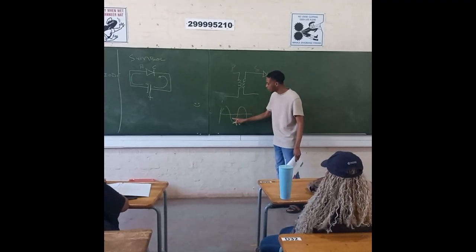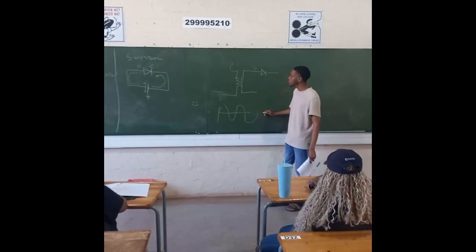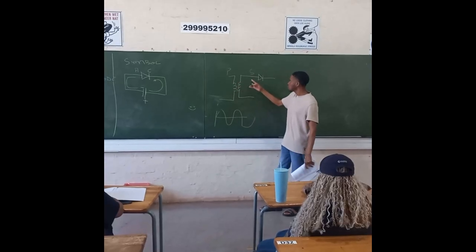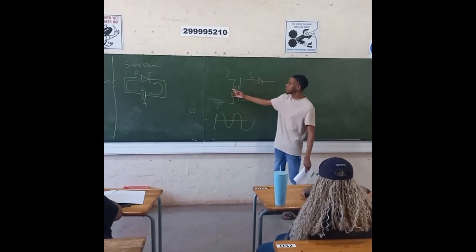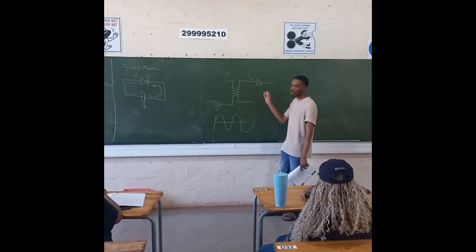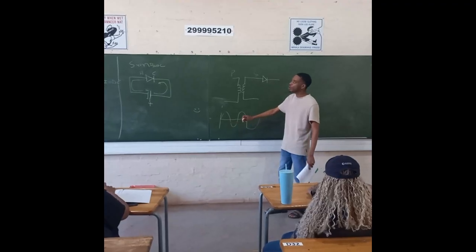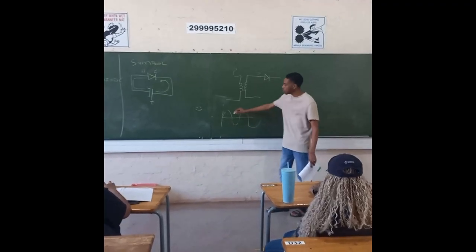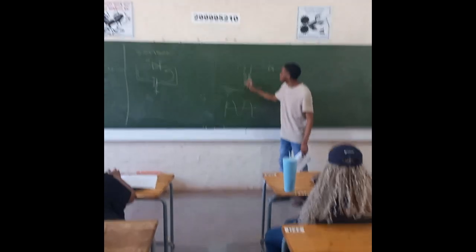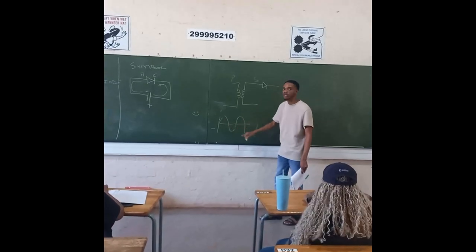You've got positive, and then negative again as it continues, right? This is the type of voltage that's going to be flowing through the secondary side as well as the primary side. But with this device, your diode is going to chop out, it's going to remove the negative side. Remember, it only allows current in one direction. If this is positive, this is negative. Your diode will only be interested in positive. It won't allow the negative.